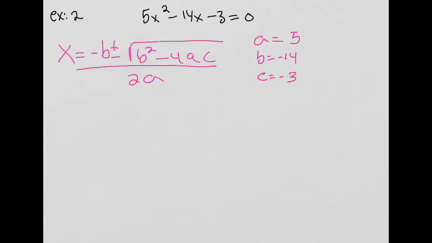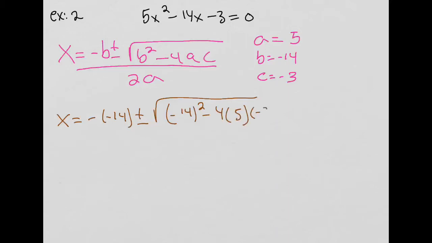Okay, so x equals b, which is negative 14, plus or minus the square root of negative 14 squared minus 4, a is 5, c is negative 3. Substitute that. Perfect.